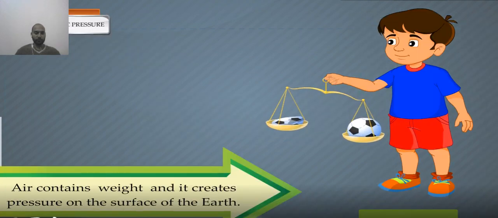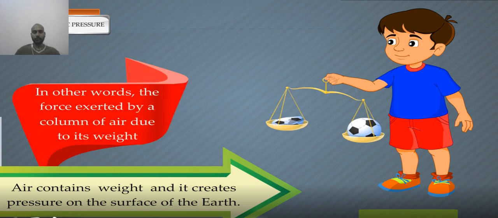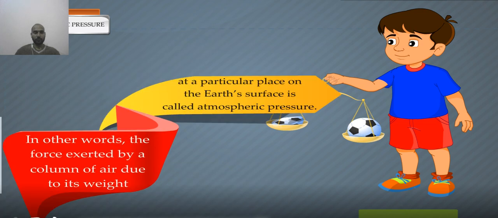Air has weight and it creates pressure on the surface of the earth. In other words, the force exerted by a column of air due to its weight at a particular place on the earth's surface is called atmospheric pressure. You have already learned this in chapters of class 6 or even class 7 science.